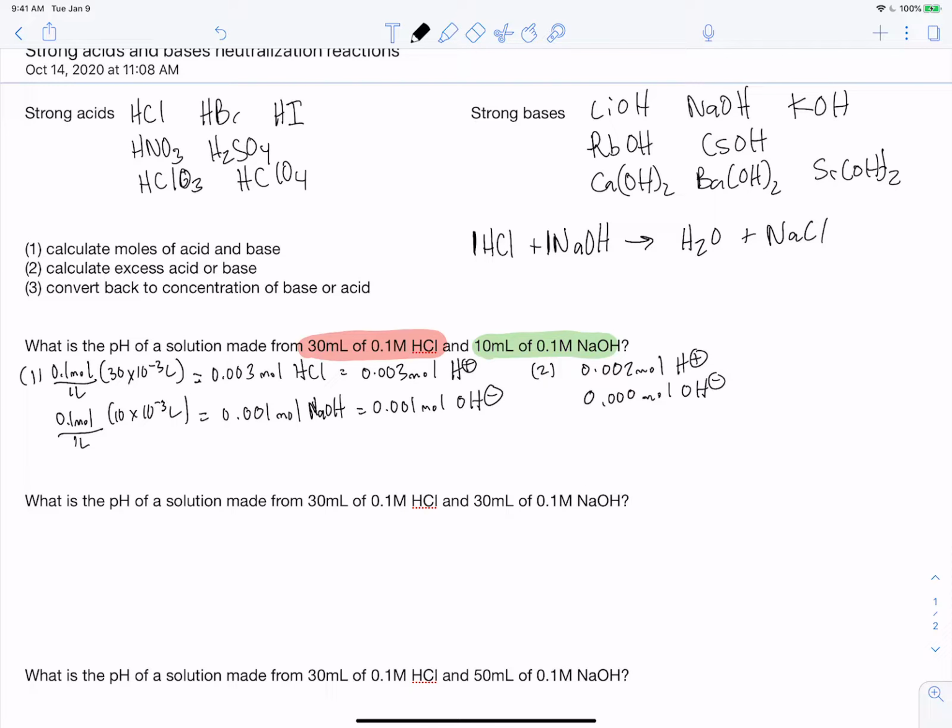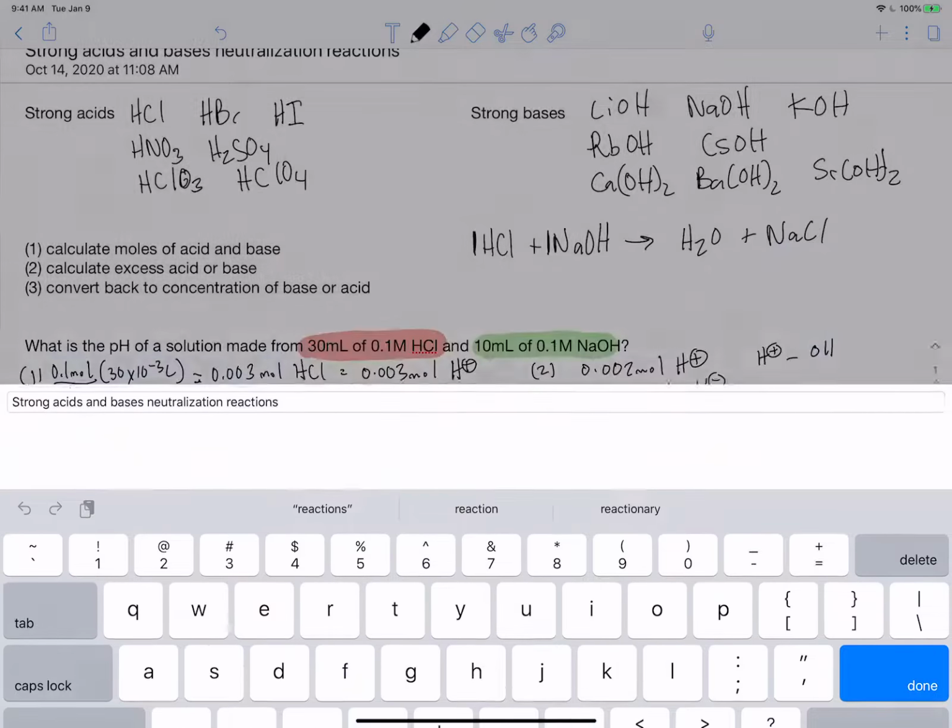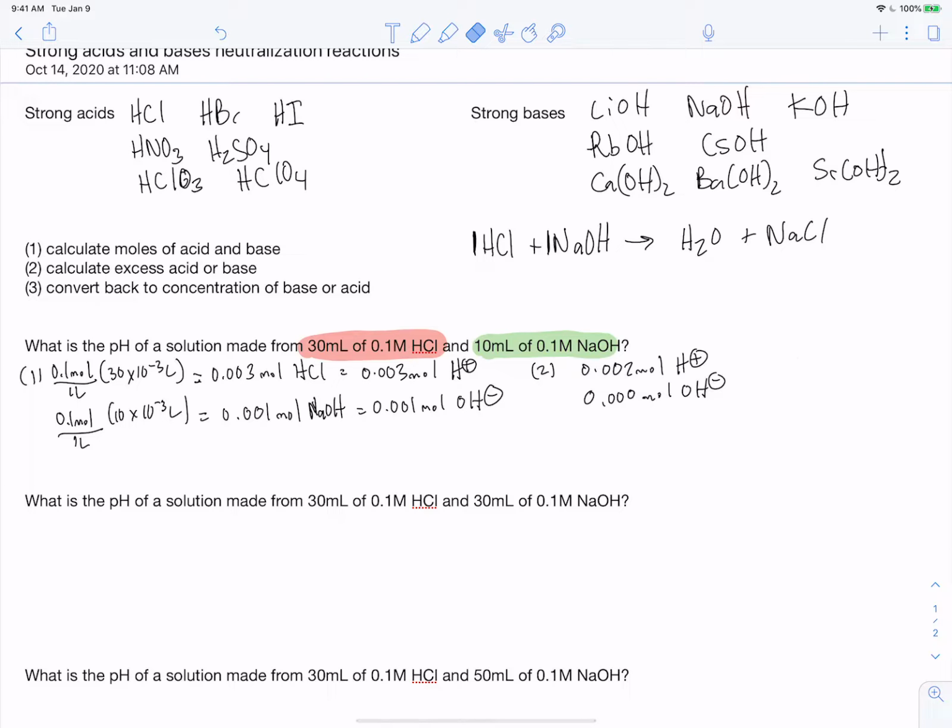And that is calculated just by subtracting moles of H plus minus moles of OH minus. In this case, that gives you your remaining moles of H plus.